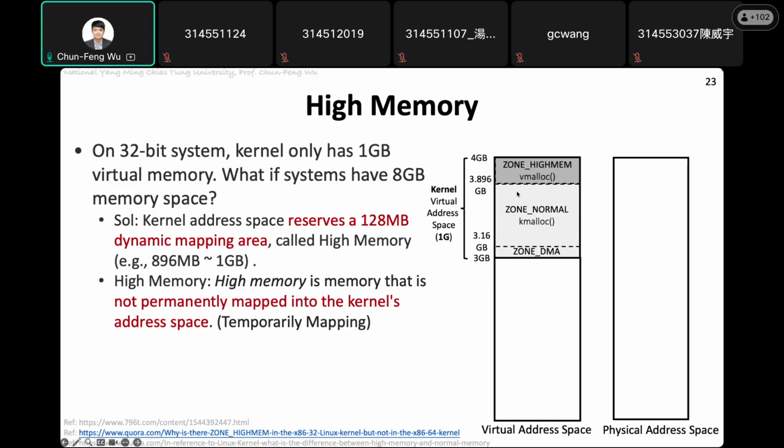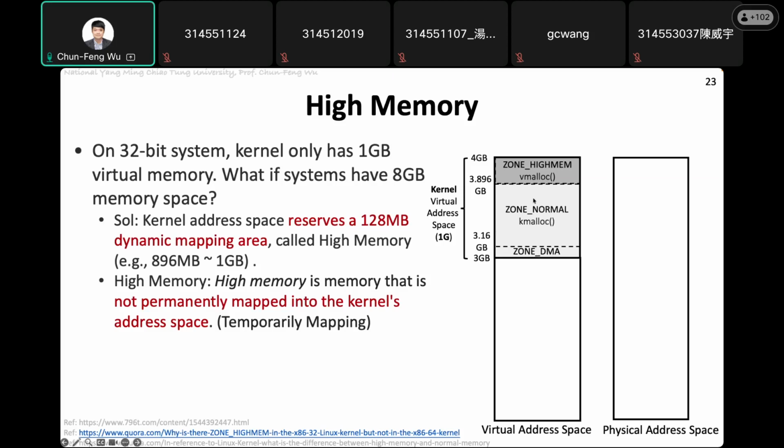Then from ZONE_DMA to 896 MB, they are all for ZONE_NORMAL. In ZONE_NORMAL, usually we use kmalloc to do the memory allocation, right? Because in this area, usually it's about kernel data structures, so we need to integrate with the slab there. We can get better performance.